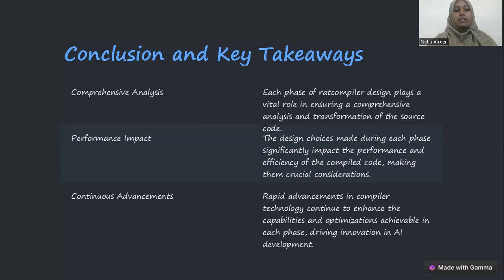Continuous advancements. Rapid advancements in compiler technology continue to enhance the capabilities and optimization achievable in each phase, driving innovations in AI development.